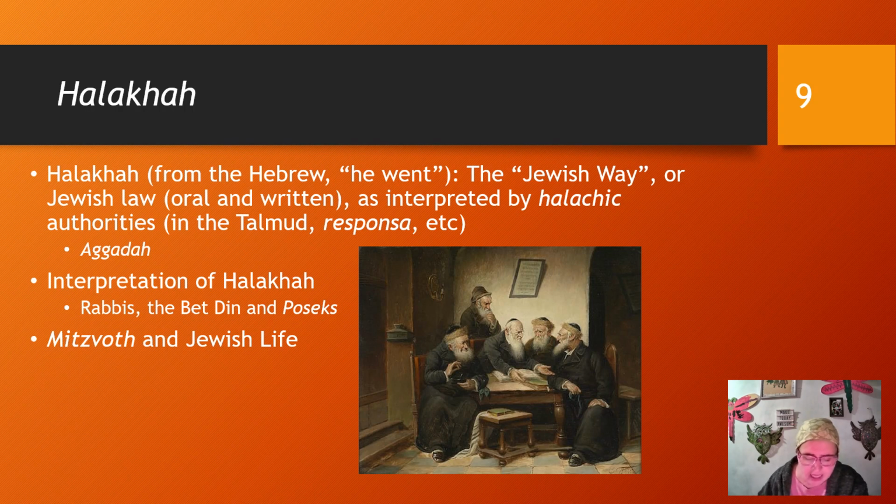Halakha is how rabbinic Judaism survives the Middle Ages. Halakha may sound like it's very firm. It's very rigid, right? The law. But halakha and halakhic process actually is very fluid. It's actually very flexible.